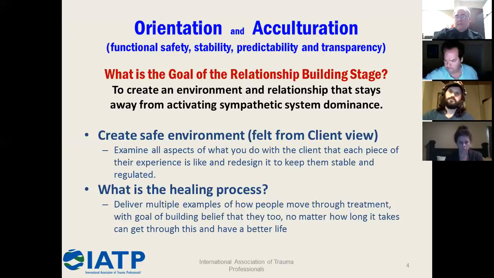Some of the things we do are that we don't adequately prepare them for what's going to happen when they come in. And so the whole process of intake can be very much an activator. And then we are often probing for information without setting a safe boundary. So let me give you an example of some simple things you can do.